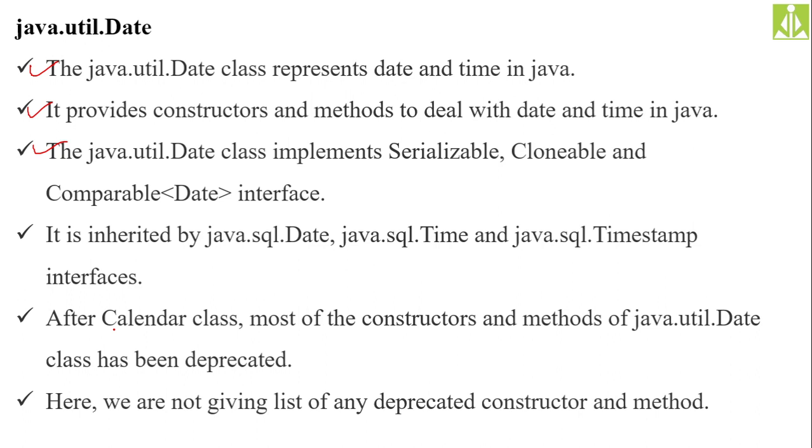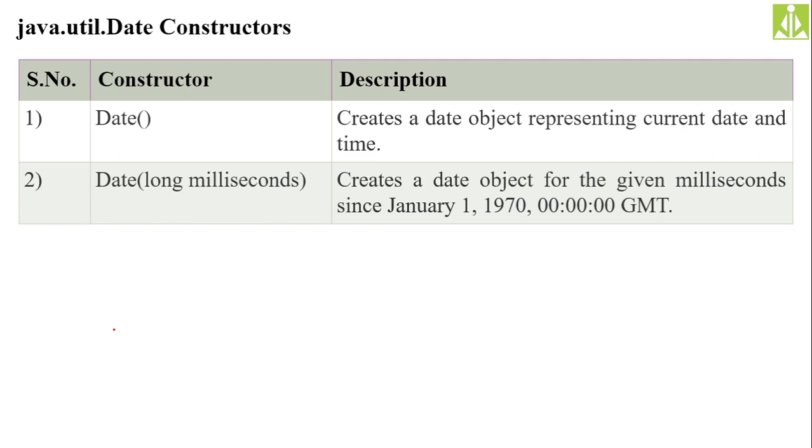Here we have a list of constructors under this java.util.date class, one with some arguments and one without any arguments. Simply it will create the date class object which you want.